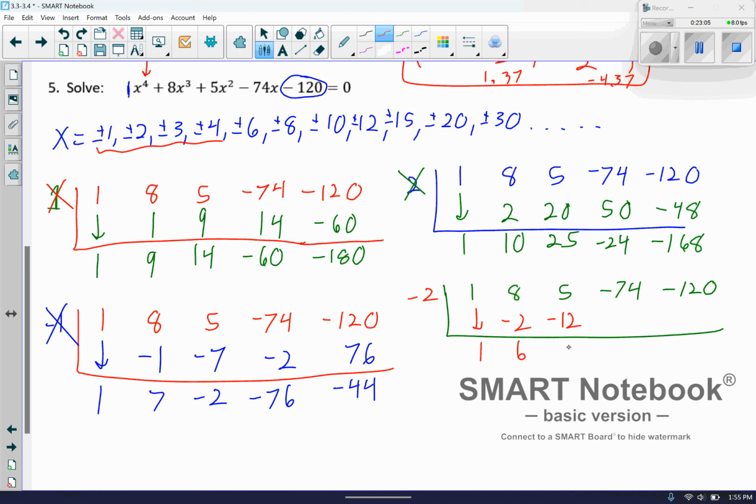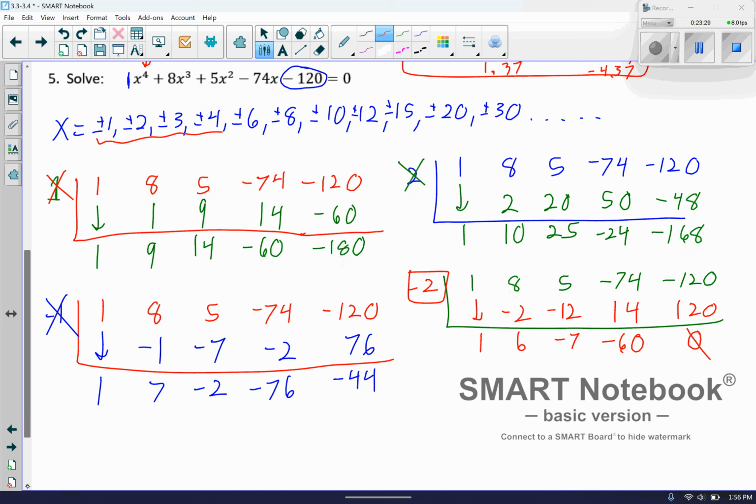Add that together, that's negative 7. Negative 7 times negative 2 is positive 14. That'll add up to negative 60. Negative 60 times negative 2 is positive 120. And that gives us a 0. So bingo, we hit one.